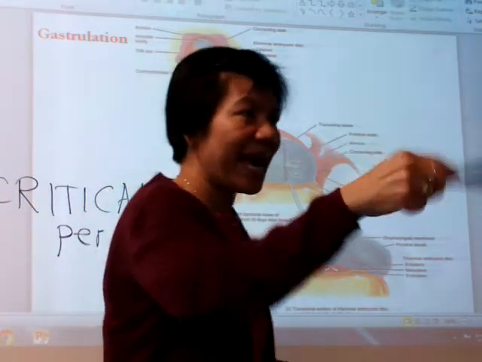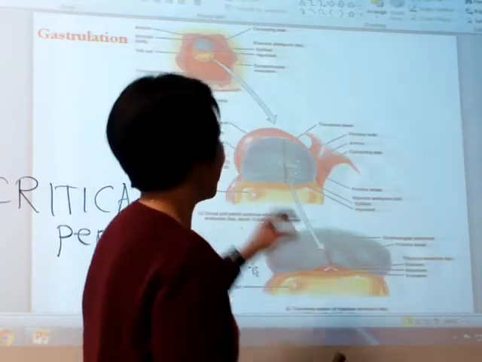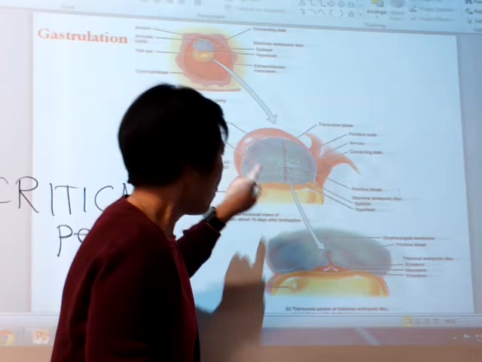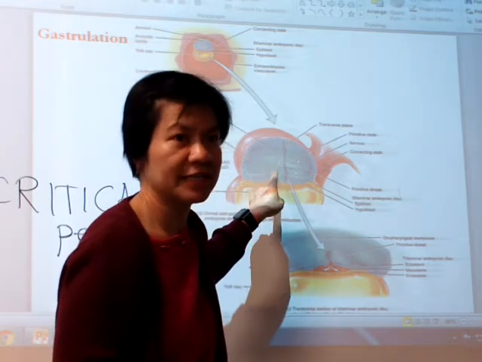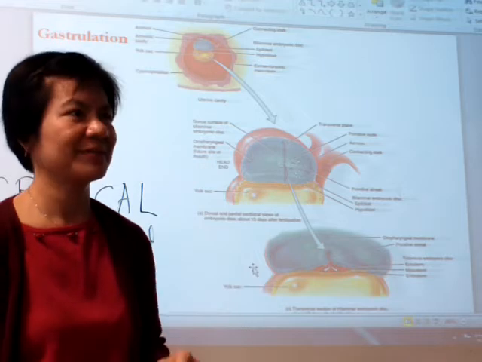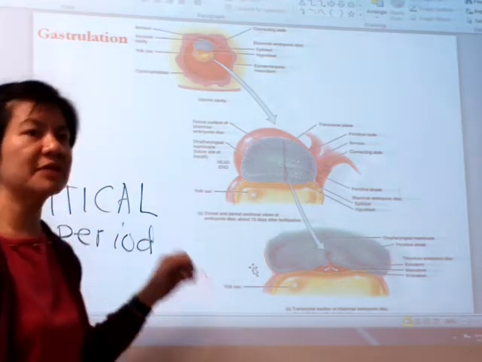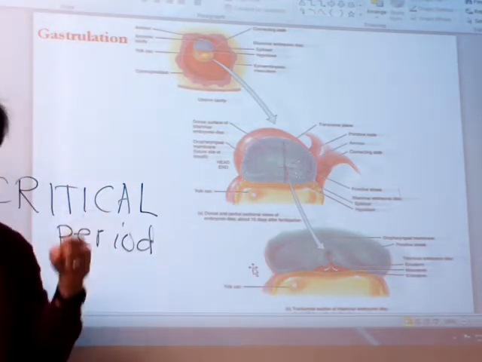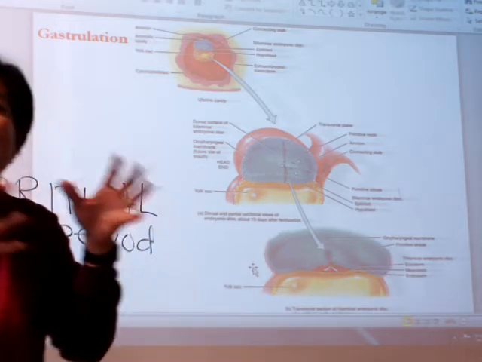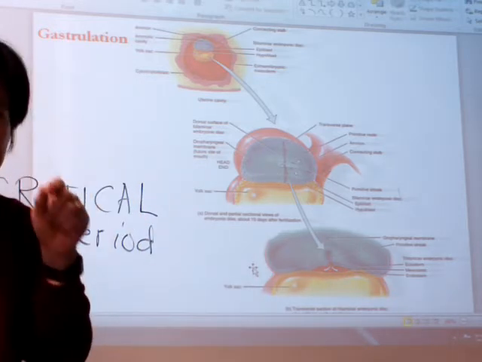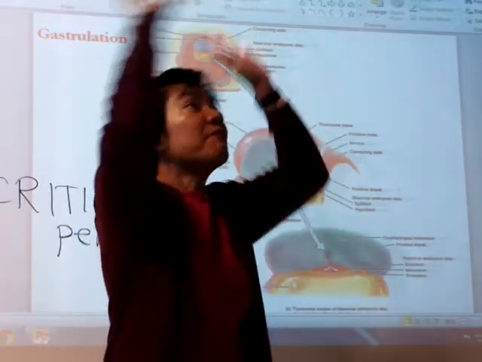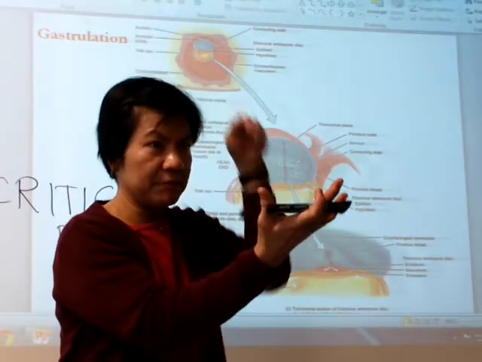Let me ask you, to form a healthy, normal nervous system, etc., where will the ingredients come from? The mother. From the mother. The term critical period means, okay, you have to provide for the ingredients to form healthy heart, healthy lungs, everything at that critical period.